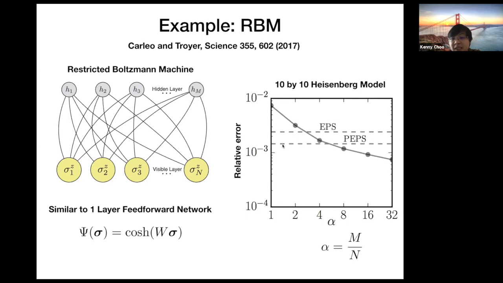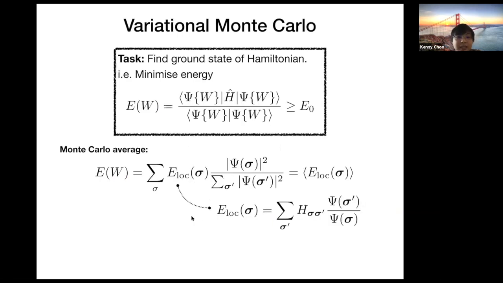Using this RBM, they managed to get pretty good results on this 10 by 10 Heisenberg model, comparable to the state-of-the-art tensor network results at that time. Of course, I think now there are better tensor network results, but as a first result, it was already quite encouraging.